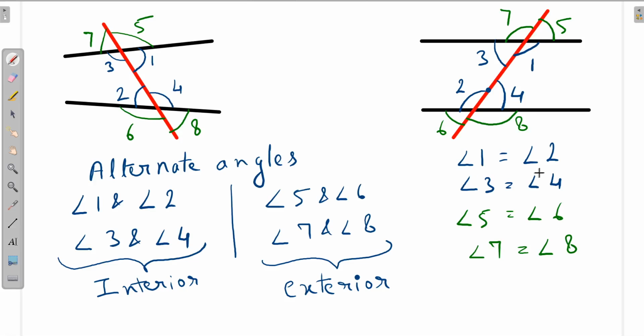So all these alternate pairs of angles are equal. Why? Because the transversal line intersects the parallel lines. And we can also say vice versa: if these alternate angles are equal, then these two lines are parallel. That means if the alternate angles are equal, then the intersected lines are parallel.